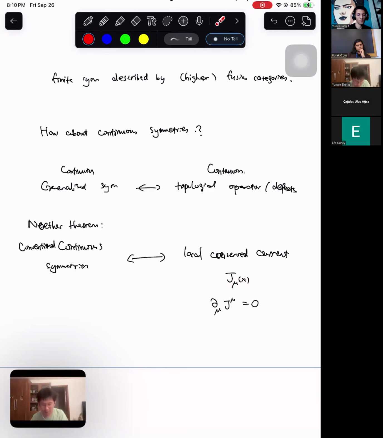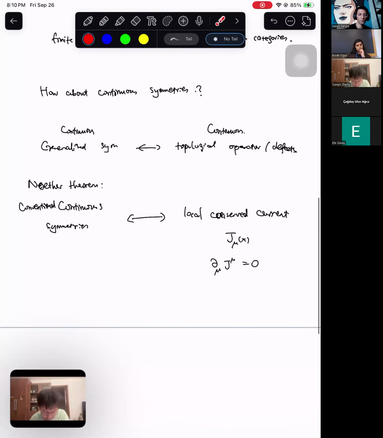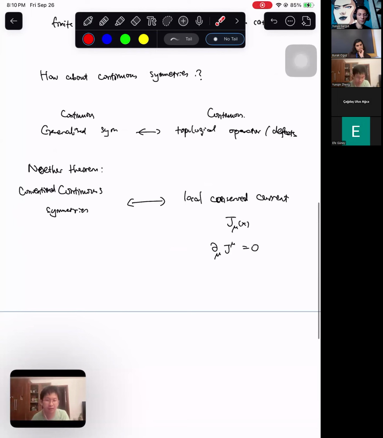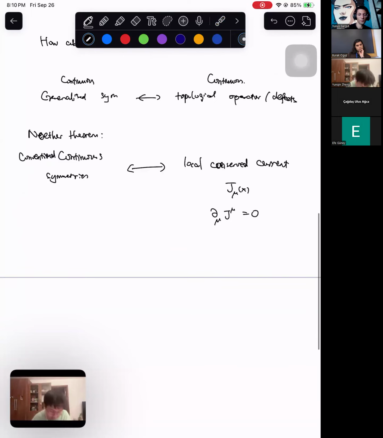But the question is, how about the non-invertible and continuous symmetries? How should we generalize this Noether theorem? Is there a Noether theorem for that? So this is one of the main questions. And the upshot of this talk is that indeed there is one.